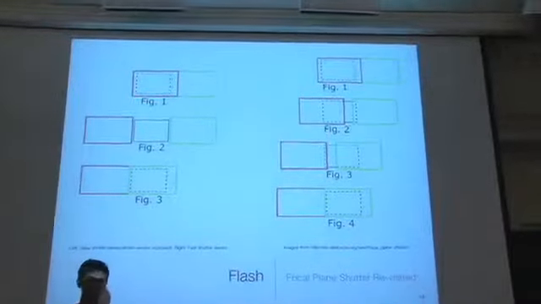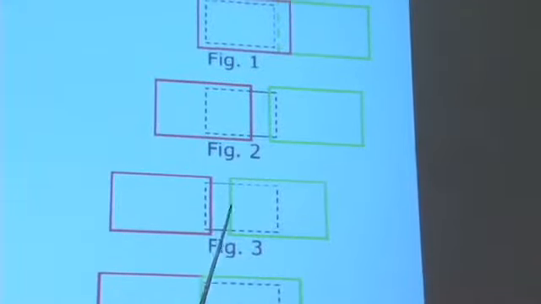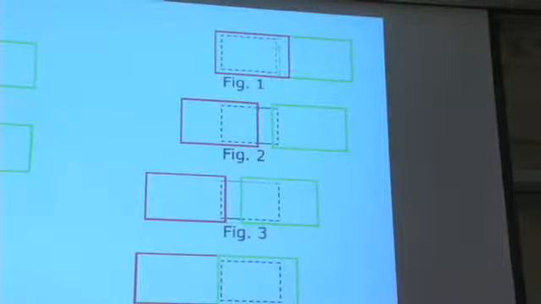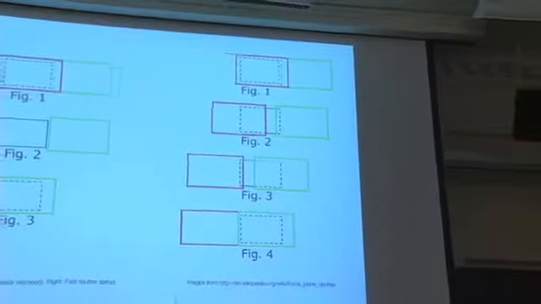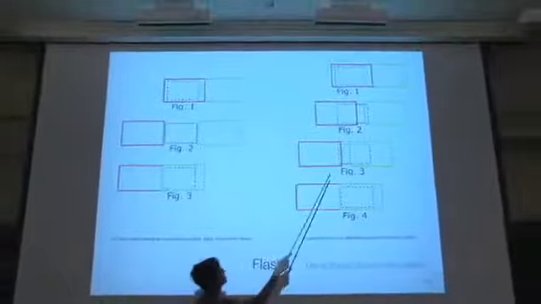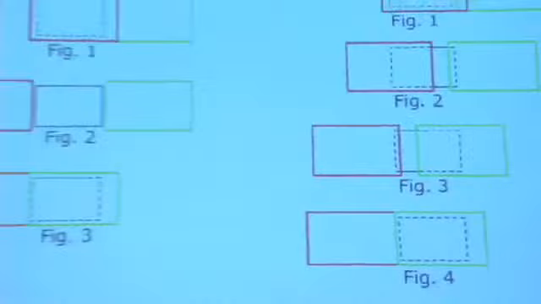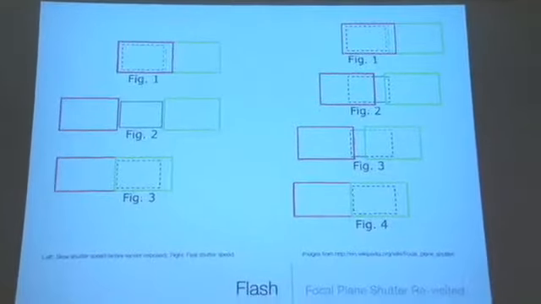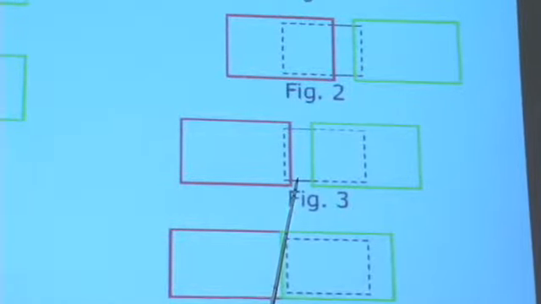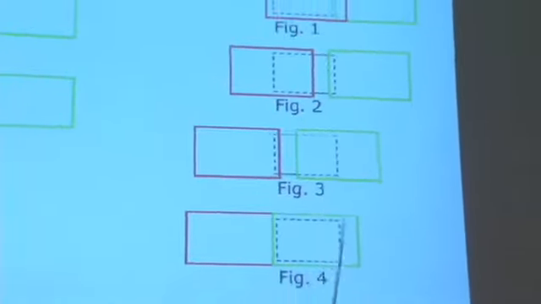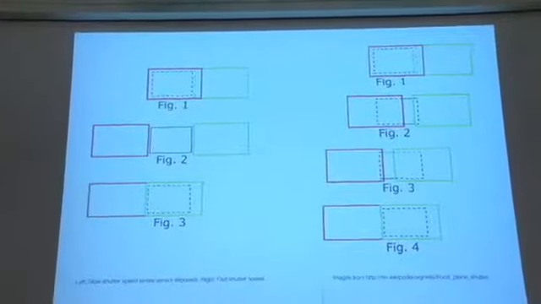So if you are taking a flash photo and your flash fires at the exact moment that this particular portion of the sensor is exposed to light, then the end result is that you're only going to see this little sliver properly exposed and nothing else, because the flash lasted for just this tiny instant that the shutter was open, and all the rest of the shutter was blocked for that particular shutter speed.